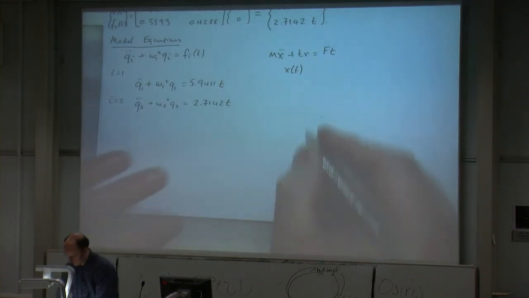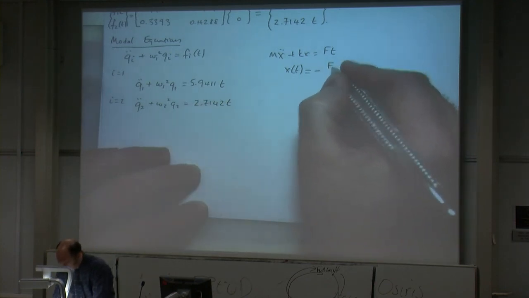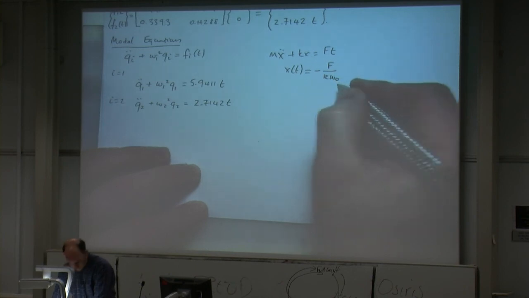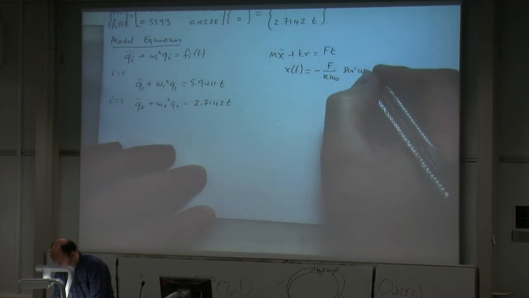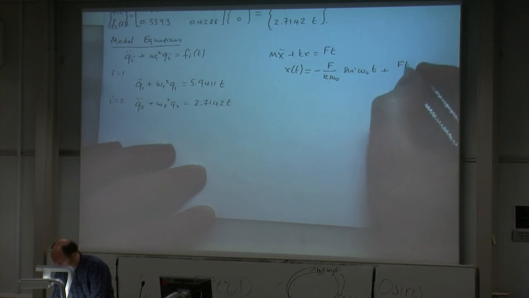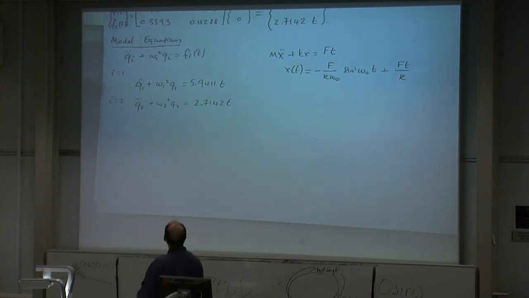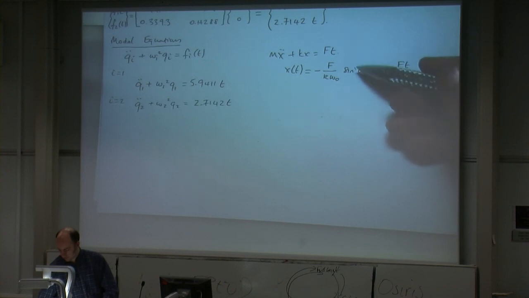For initial rest conditions, x(t) equals minus F divided by k omega naught, times sine of omega naught t, plus F t divided by k. That is the solution to this equation.